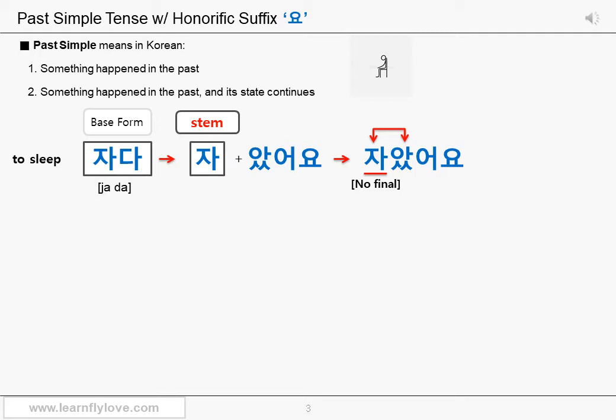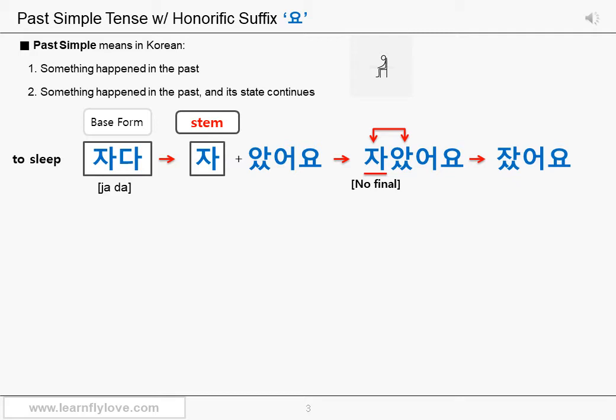When there is no final consonant in the last letter of the stem, you need to combine the last letter of the stem with the past tense indicator at or ot sound. So the 자 sound and the at sound should combine together and it becomes one 잣 sound.